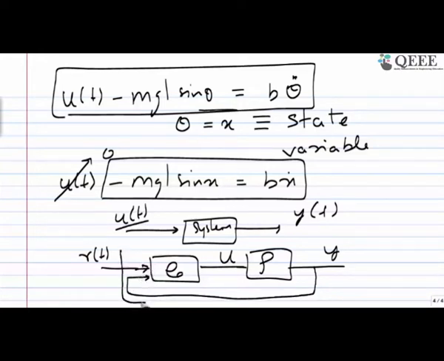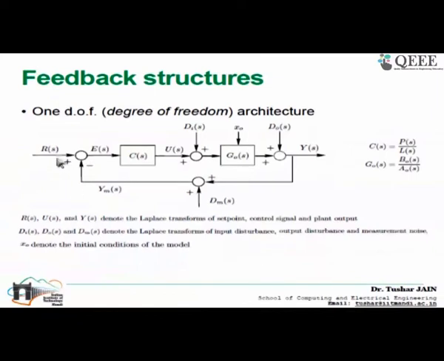And this system is basically what we call the closed loop system. Here they are defined as functions of S, which are the Laplace transforms, and we specifically define the set point, the control signal, and the plant output.